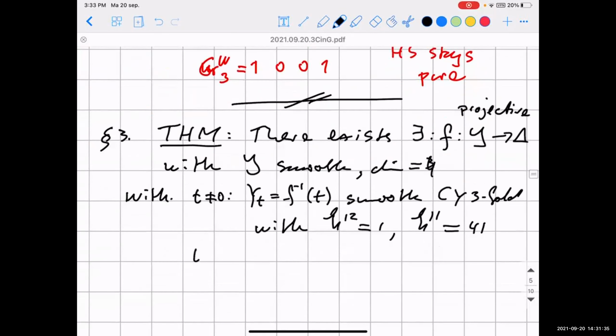And for t equal to 0, the zero fiber has a double line of singularities.